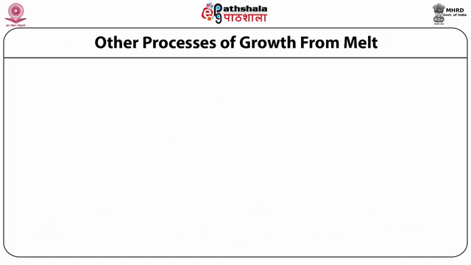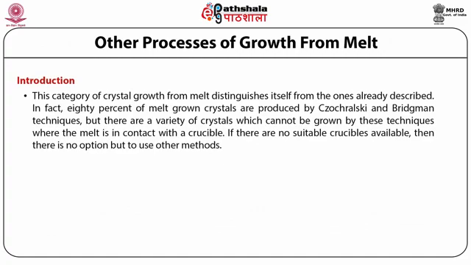Other processes of growth from melt. This category of crystal growth from melt distinguishes itself from the ones already described. In fact, 80% of melt-grown crystals are produced by Czochralski and Bridgman techniques, but there are a variety of crystals which cannot be grown by these techniques, where the melt is in contact with a crucible.